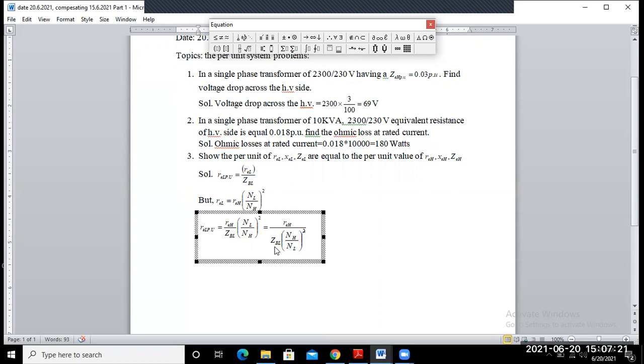You can see Z_BL into N_H by N_L whole square can be written as the base impedance of the high voltage side. So the equivalent resistance of the high voltage side divided by the base impedance of the high voltage side is equal to the equivalent resistance of the high voltage side in per unit. Is it not?